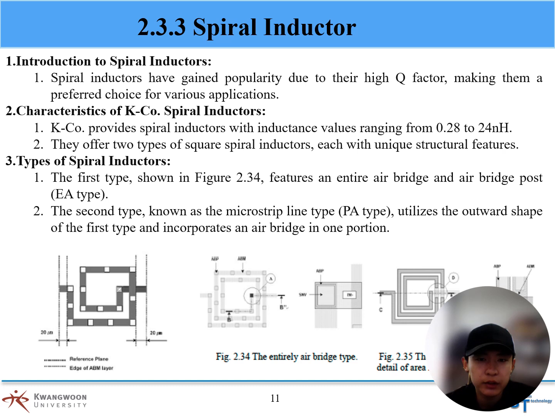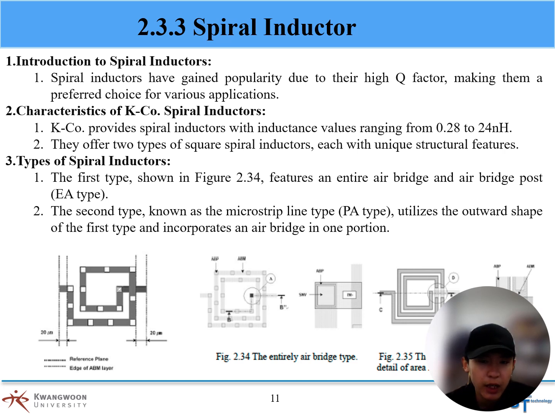This part is the spiral inductor. The spiral inductors have gained popularity due to their high Q factor, making them a preferred choice for various applications. The foundry provides spiral inductors with inductance values ranging from 0.28 to 24 nH.